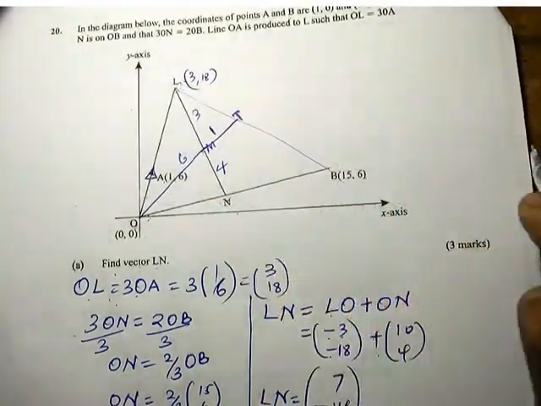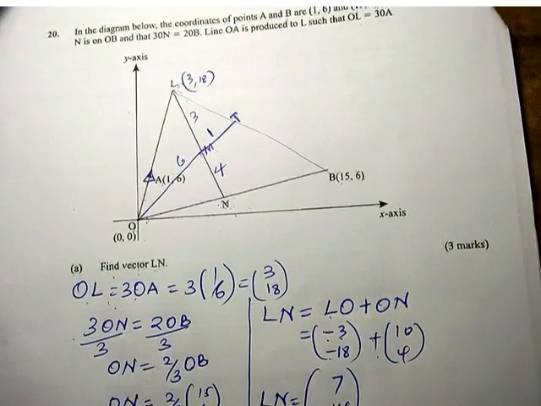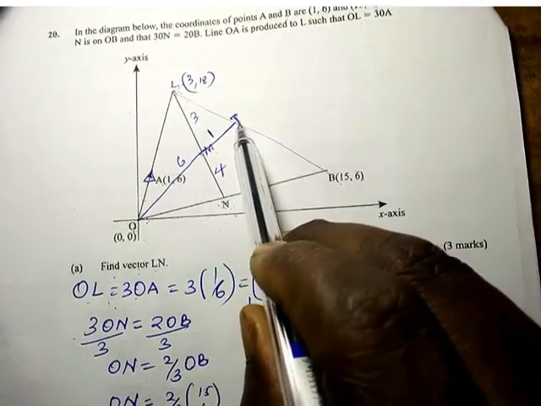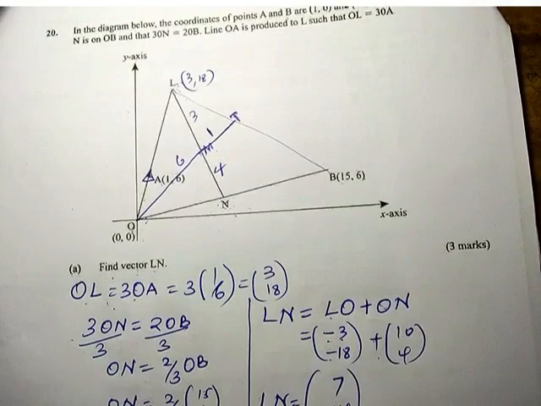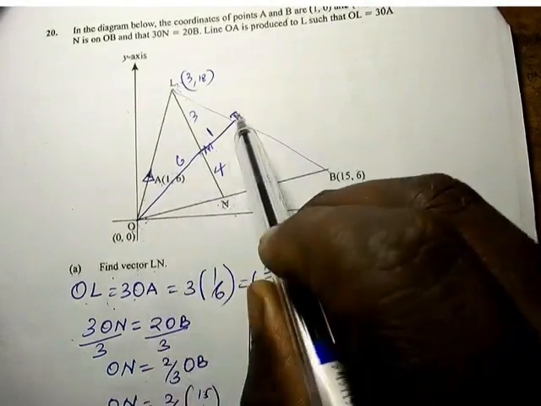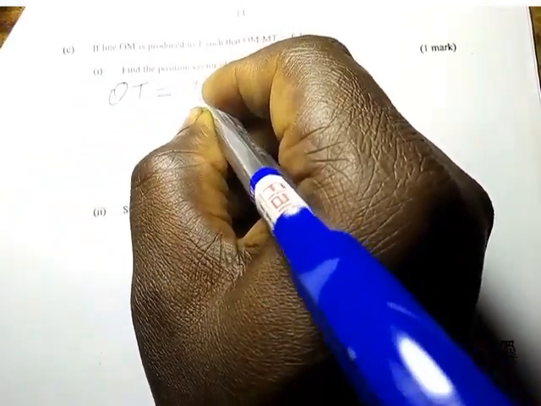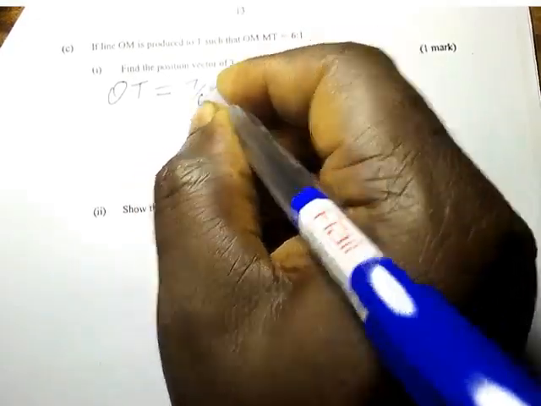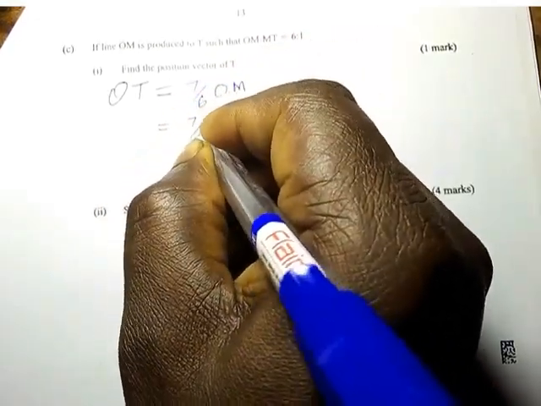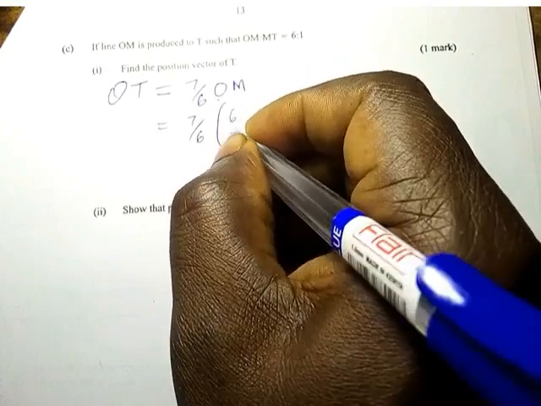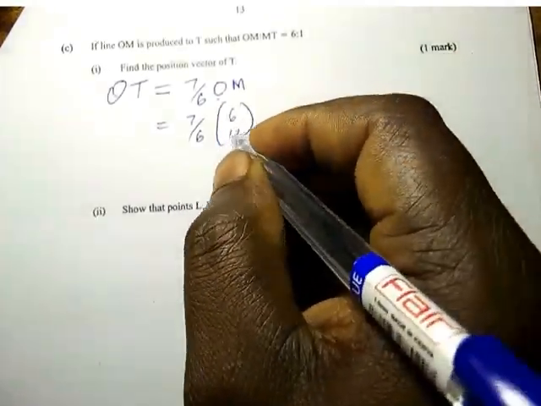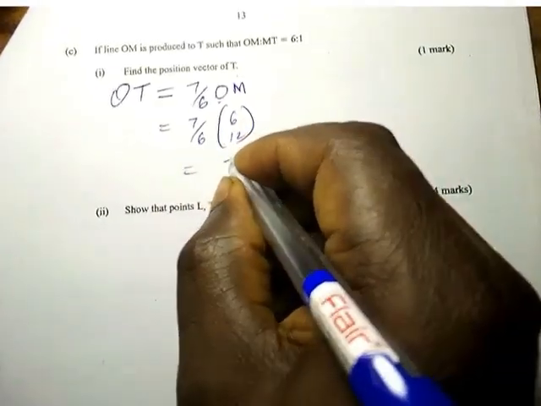So they are asking us to find the vector of T. So we are going to look for OT. OT is equal to 7 over 6 OM, which is equal to 7 over 6 of (6, 12), which is equal to (7, 14).